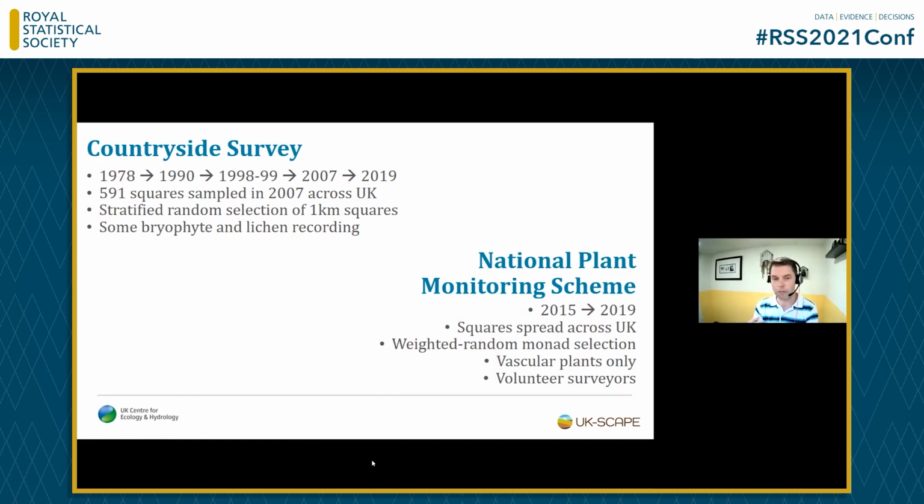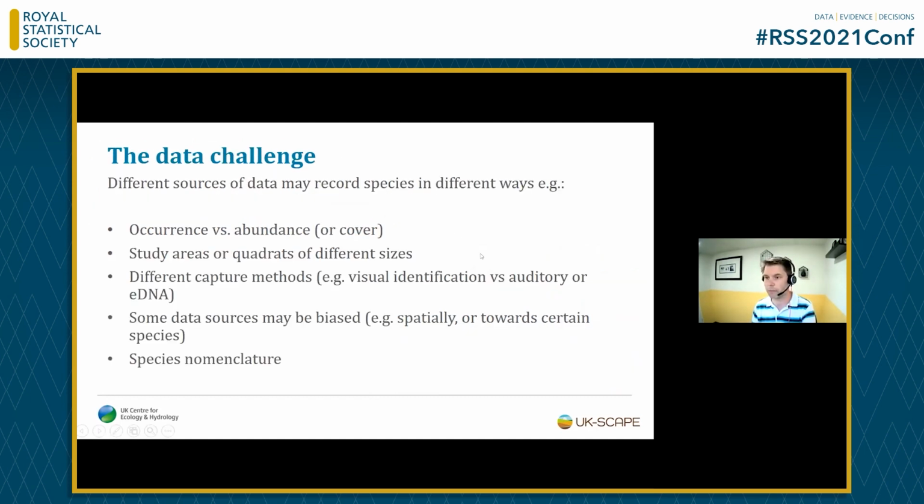So we surveyed where we could, which meant that our random survey is now biased towards where our surveyors live, which is going to be problematic in the future. The citizen science initiative boomed last year in 2020 while people were at home, but people weren't traveling. So now the data is even more biased towards where people live.